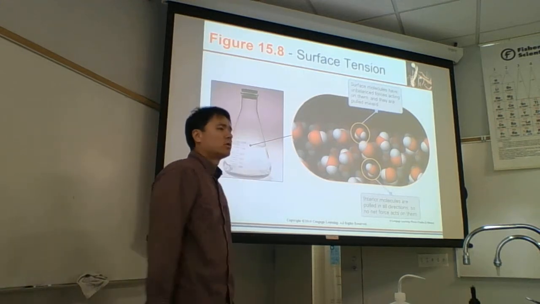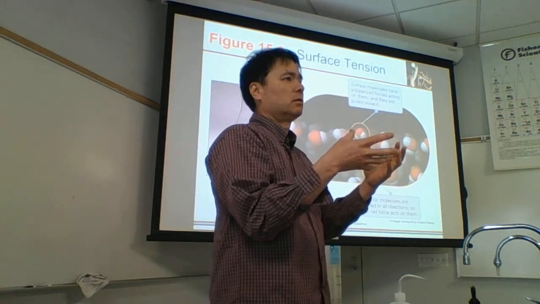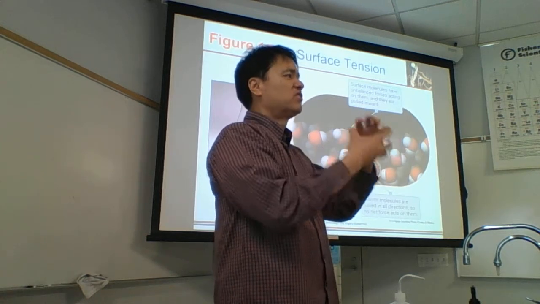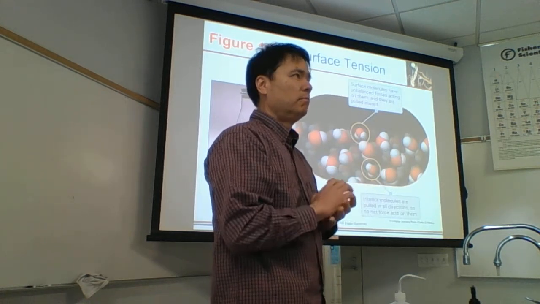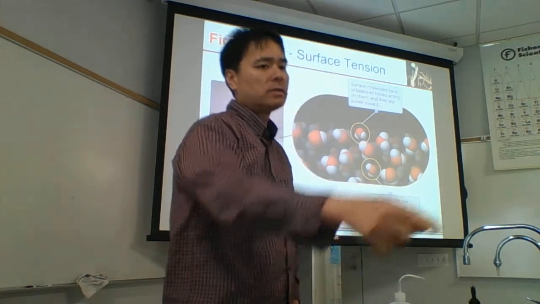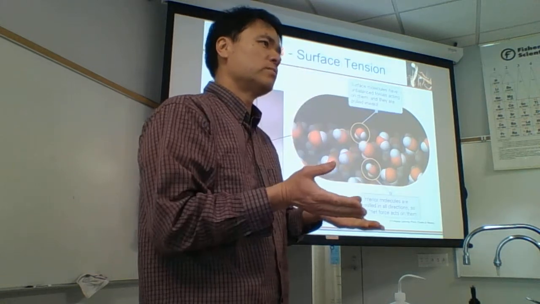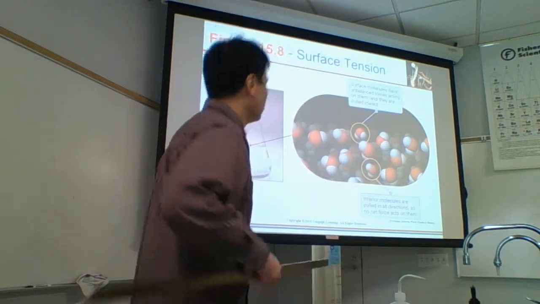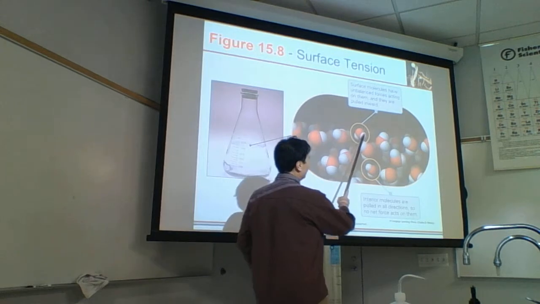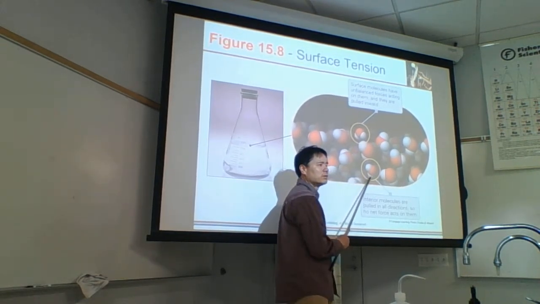So this is why, when you look at a water droplet, what's the shape of a water droplet? A sphere. Spheres have the least amount of surface area. And the reason why it's hard to break the surface is because to break the surface, you've got to create more surface molecules. Surface molecules aren't as happy as bulk interior molecules. A molecule on the surface isn't as happy as a molecule inside.